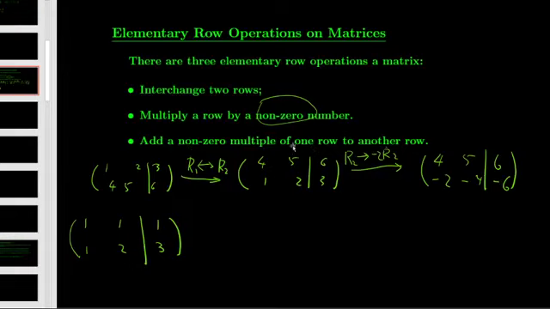If I add a non-zero multiple of one row to another row, if I want you to add 2 multiples of row 1 to row 2, which row would be changed? Which row is changed? Give me a little moment. I'm going to write it down. If I perform the operation of adding, let's say, 3 multiples of row 1 to row 2.